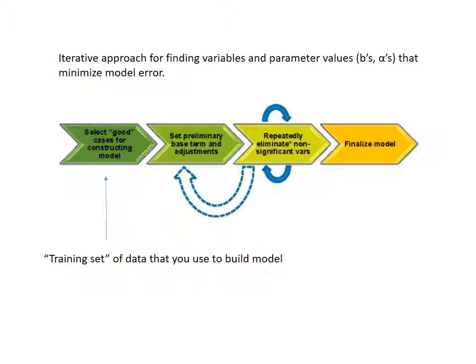The way you would do that is by running a regression model and trying to figure out which of the individual independent variables are statistically significant. In other words, which ones end up contributing substantially to the fitness of the model. And this is sort of an iterative process, but you end up with a regression model that is as accurate and as parsimonious as possible.